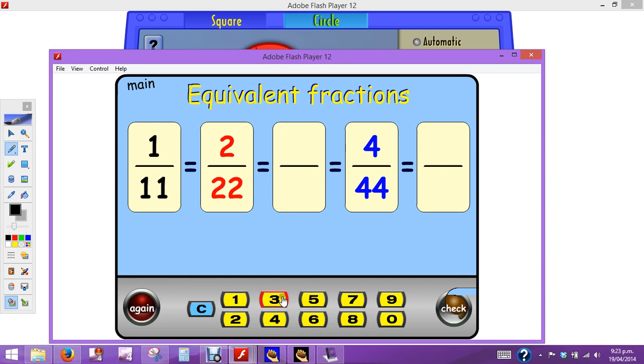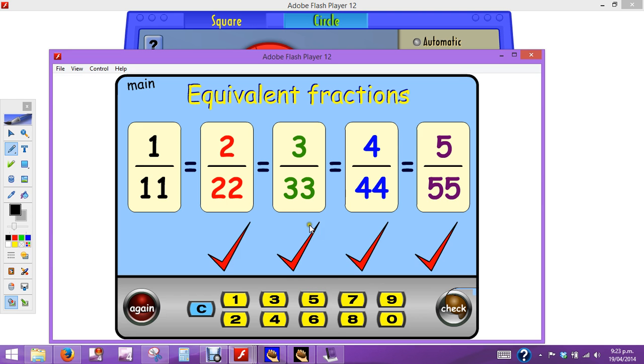Because in there I need the third multiple of 11, 33. And on the top I've got 3. So I've got the first 1/11, 2 22nds, 3 33rds, 4 44ths, and 5 55ths. If you're good at your timetables, you will always be good at fractions.